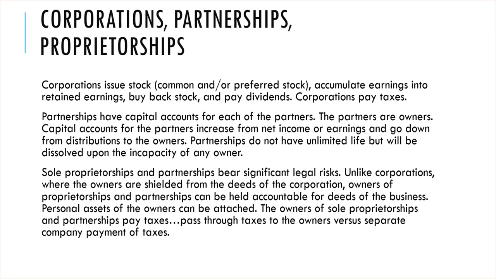However, partnerships will be dissolved if there's an incapacity of any of the owners. If an owner dies, of course, this is an incapacity, but also the inability to function would be considered an incapacity. It means a partnership gets dissolved. So a corporation is considered to have a very long life, and partnerships, on the other hand, have shorter lives.